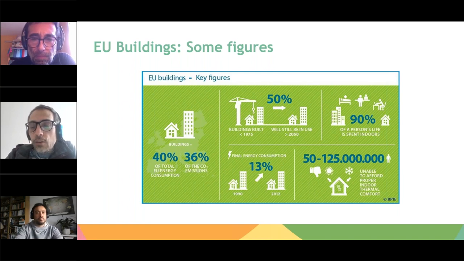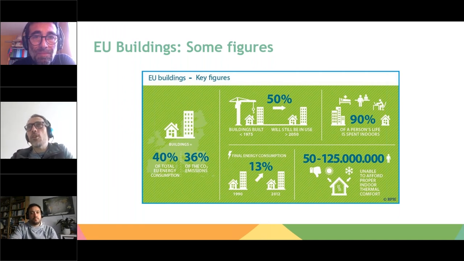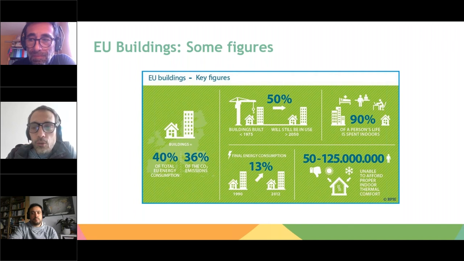So it means that we will have to live in buildings that are below the actual thermal requirements or the actual comfort requirements. So it's important to engage a quick process of refurbishment in order to take these buildings to the actual regulations.